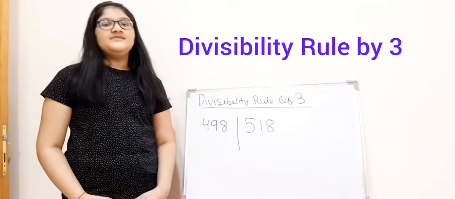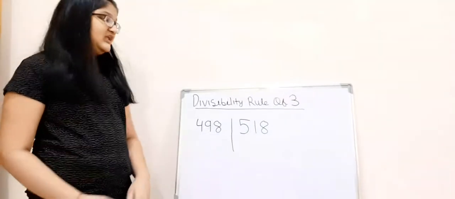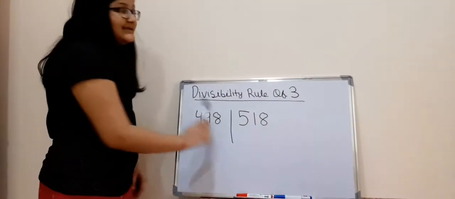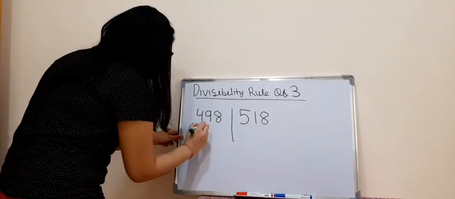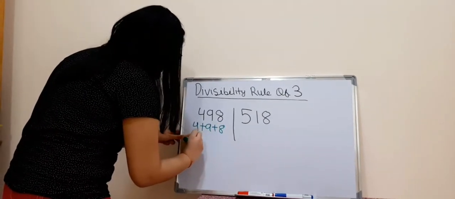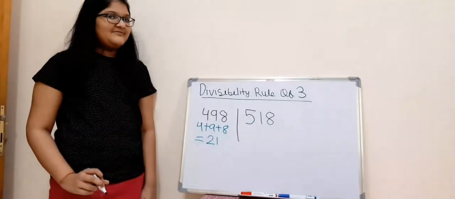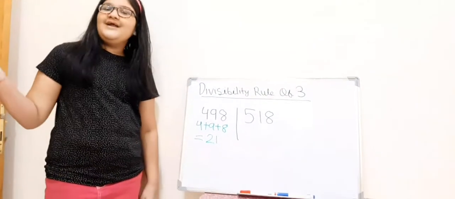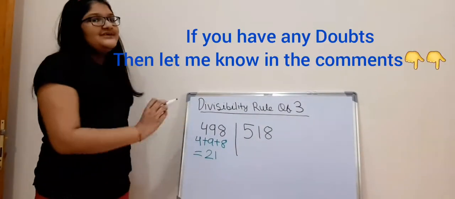Now let's see divisibility rule by 3. In this divisibility rule by 3, you have to just add the digits. Yes, so it would be 4 plus 9 plus 8. Now 4 plus 9 plus 8 is 21. Now is 21 divisible by 3? Yes, 21 is divisible by 3. So now 498 is also divisible by 3.